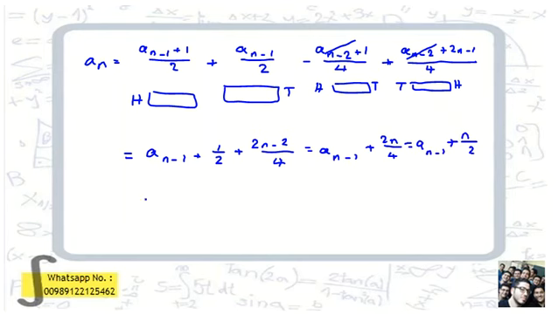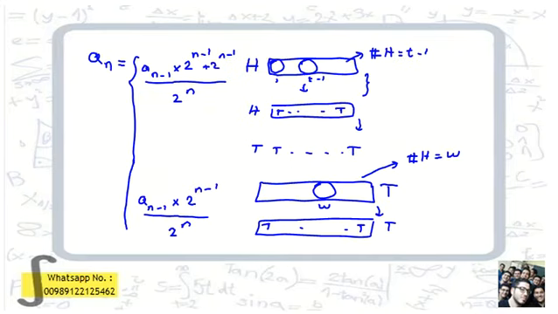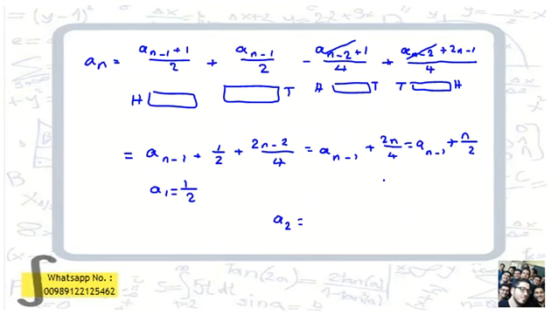So let's check. We said that a1 equals 1 over 2, and for checking let's check a2. We found that a2 is 6 over 4. If we use this one, 1 over 2 plus 1 is 3 over 2, it's 6 fourths.